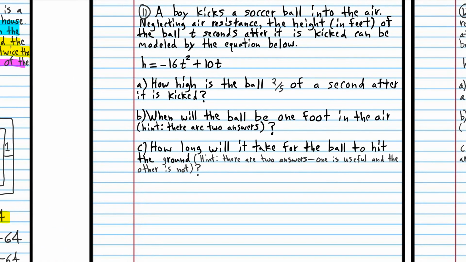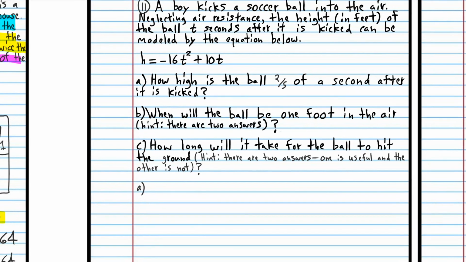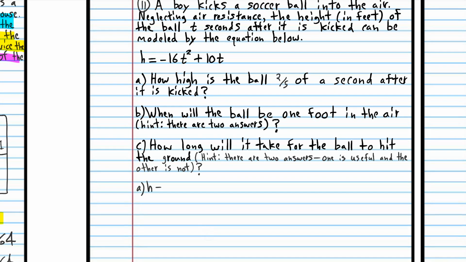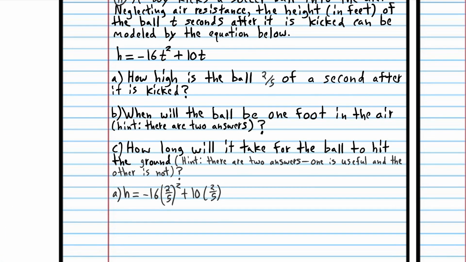So part A, we're just going to find the height when t is 2/5. Now notice we have to plug in 2/5 in two different places because there's two t's. This is a different equation.